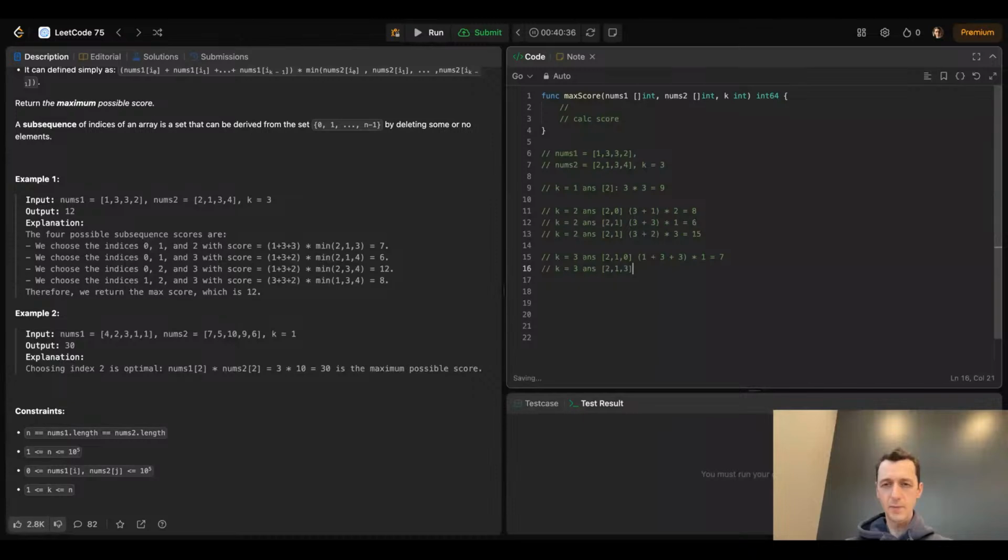And in this one we'll avoid 1. So that will be like 1, 2, 3. That will be 3 plus 3 plus 2, multiplied by 1, 2, 3.